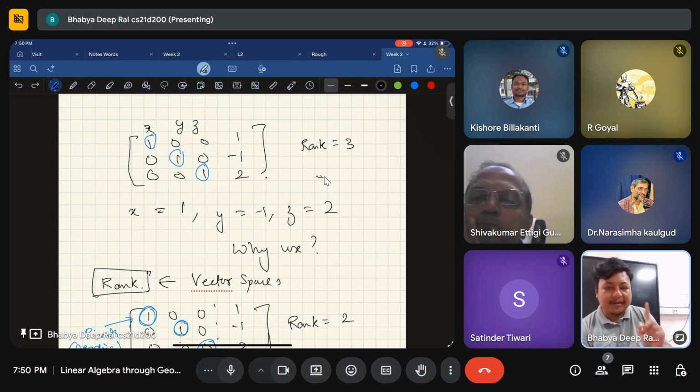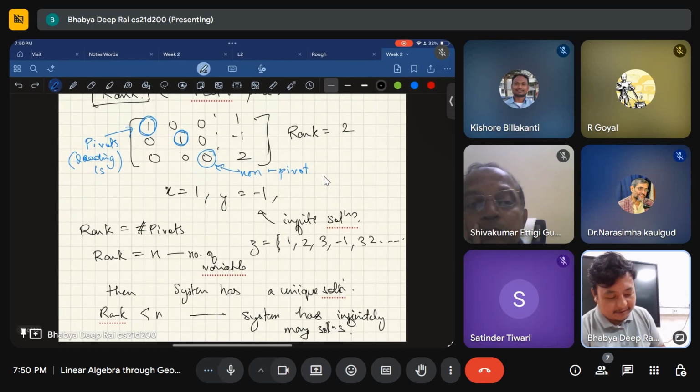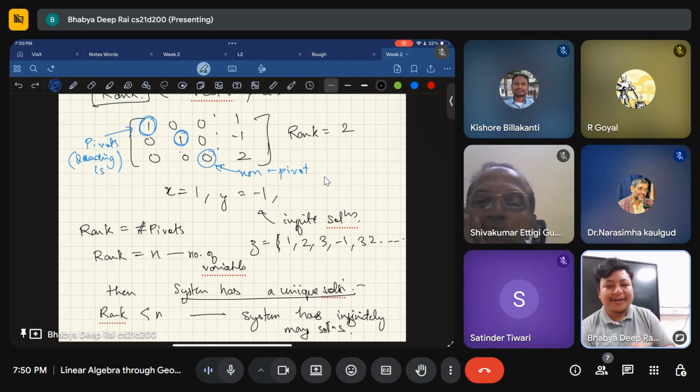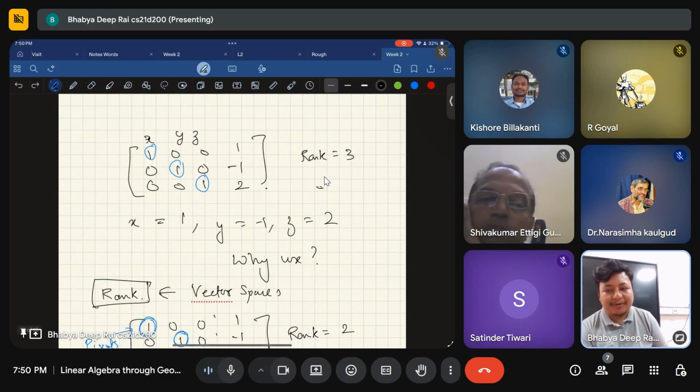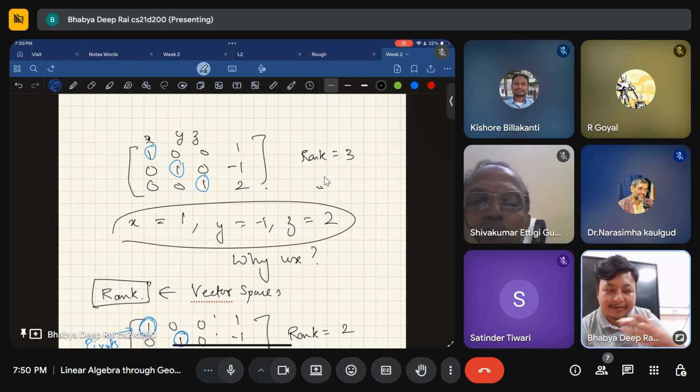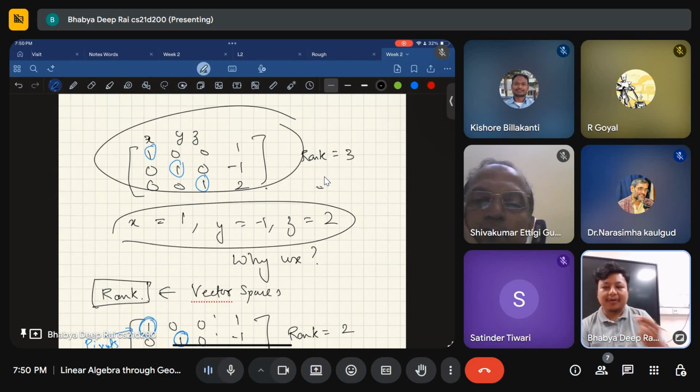Another reason: if the equations were homogeneous, it would mean that either the system has a unique solution which is 0, or the system has infinitely many solutions. But this is not true for all matrices with rank equal to n. For example, this has rank equal to n, but its solution is neither infinite nor trivial. By trivial, I mean x equals 0, y equals 0, z equals 0. So this is an example of a non-homogeneous equation with rank equal to n.